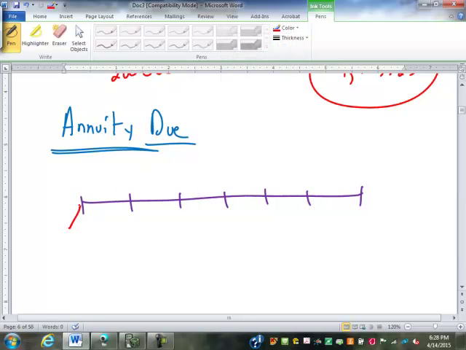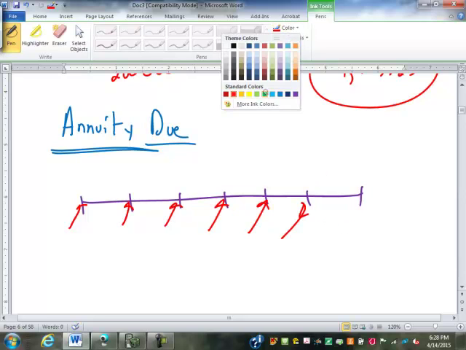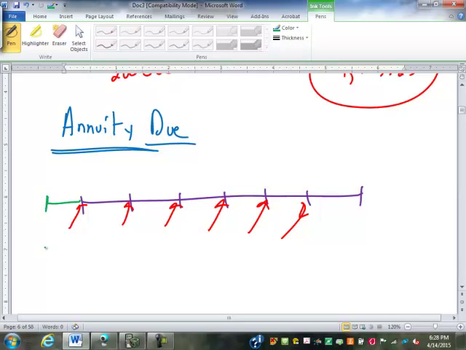You can think of it instead of saying, hey, we're making the payments at the beginning of the periods, what you can do is say, hey, we're just going to start it out a period early, and it figures out just like a regular ordinary annuity, and then at the end it sits there for an extra period. So all we have to do is add the interest for this extra period at the very end, because the money is at the beginning of the period, it's sitting there for an extra period after all the payments are made.